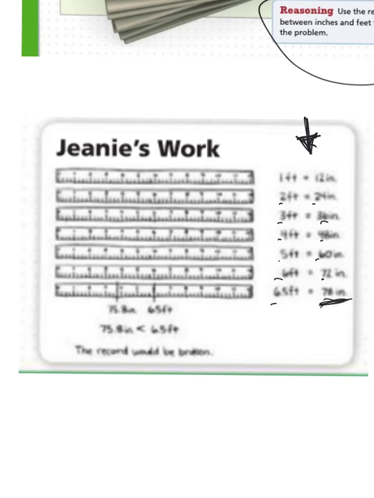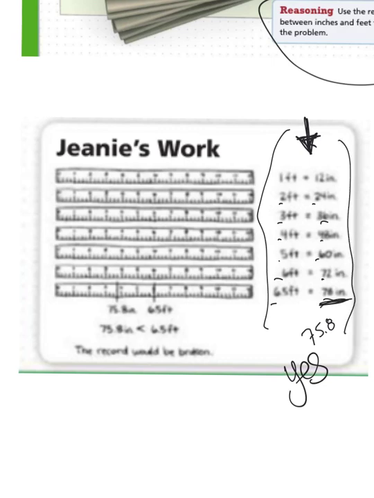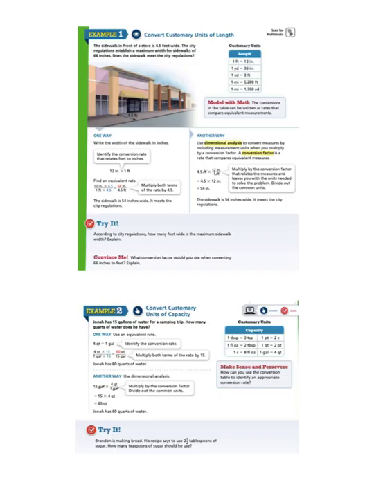So the question was, would it break the record? Well, 78 inches is definitely greater than 75.8 inches. So the answer would be yes, this would break the record. But you have to know how to convert from one to the other. That's what we're going to learn today.